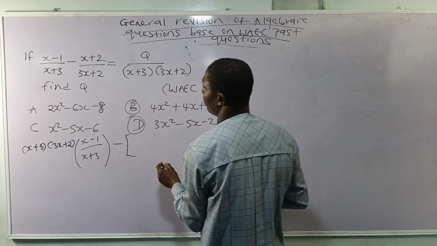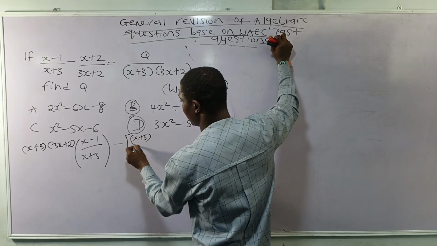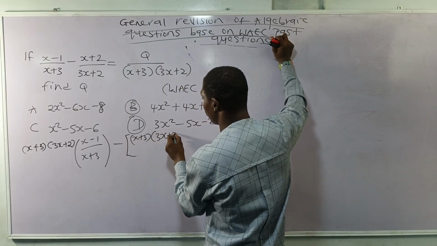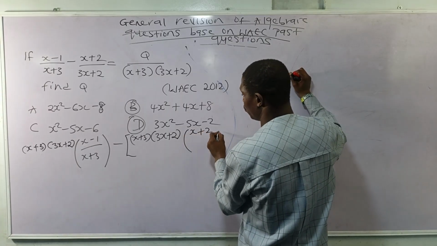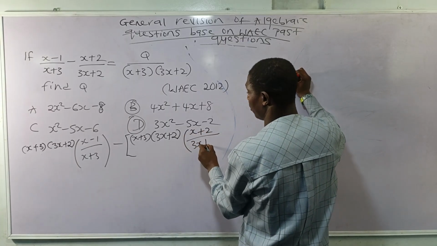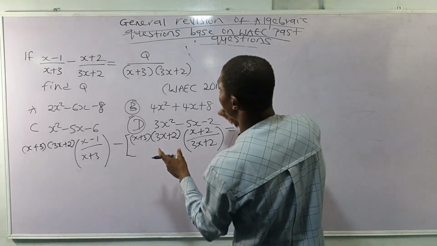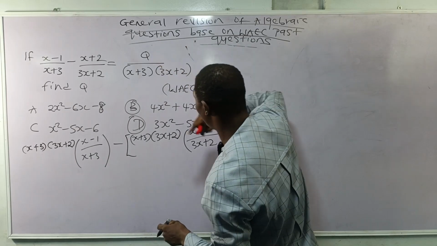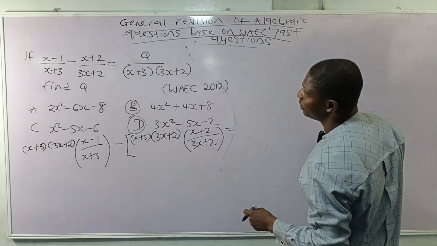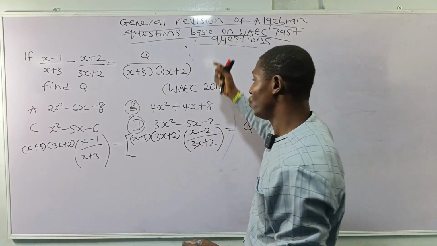minus, put a square bracket, and we have here (x plus 3) and (3x plus 2) multiplying (x plus 2) all over (3x plus 2) equals to, if I put this at the top multiplying with q all over (x plus 3)(3x plus 2), I'll simply have q, because it will cancel out.